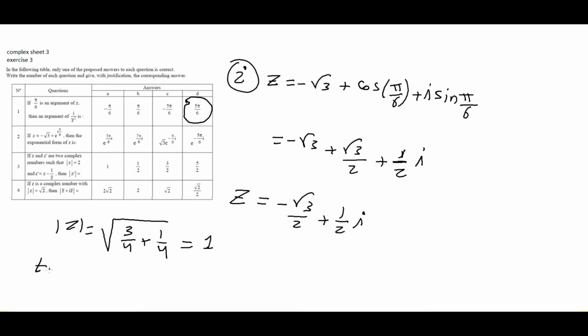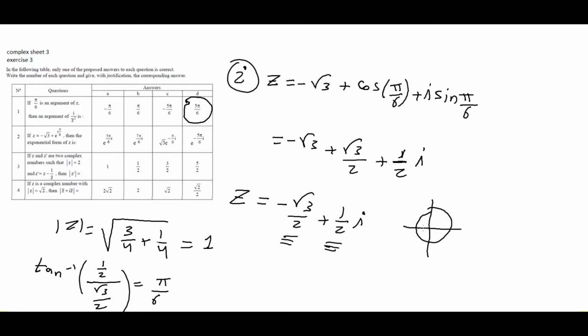And then tangent inverse of half over radical 3 over 2, tangent inverse of y over x, and in absolute value, so we remove the minus, it's equal to pi over 6. But z is in quadrant 2. Why quadrant 2? Since x is negative and y is positive, so it's somewhere here. So it's in quadrant 2.